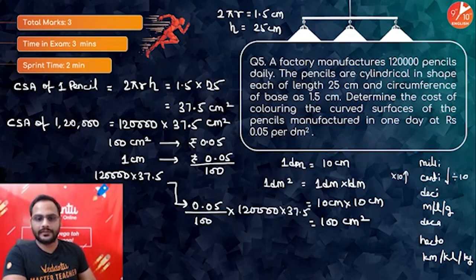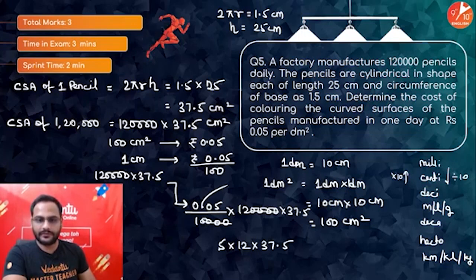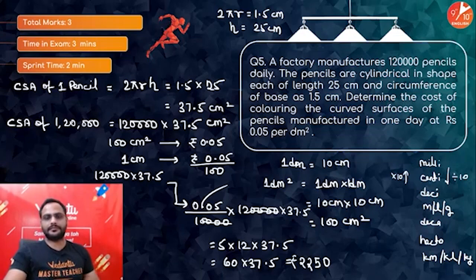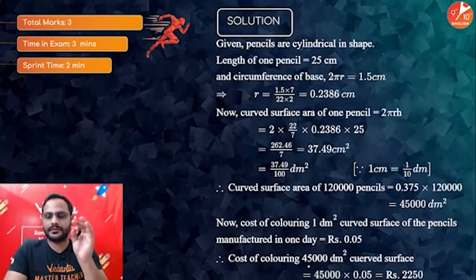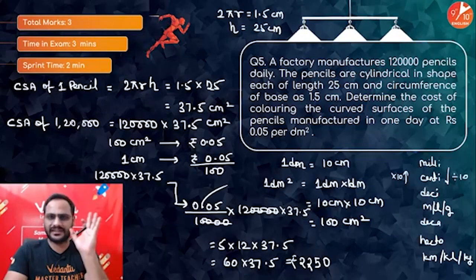If I remove the decimal, there will be 2 more zeros. Total 4 zeros get cancelled with these 4 zeros. Now we are left with 5 into 12 into 37.5. 5 12s are 60 into 37.5, which will be equal to rupees 2,250.